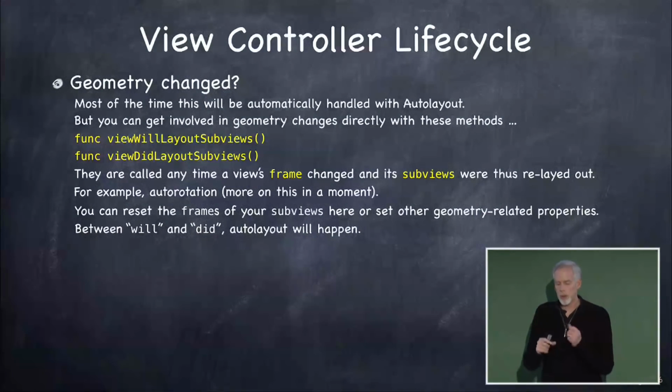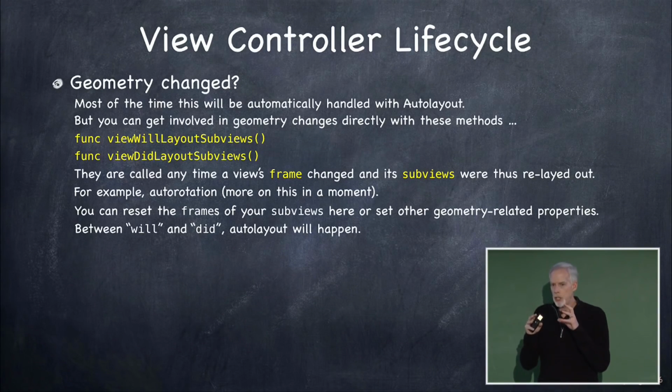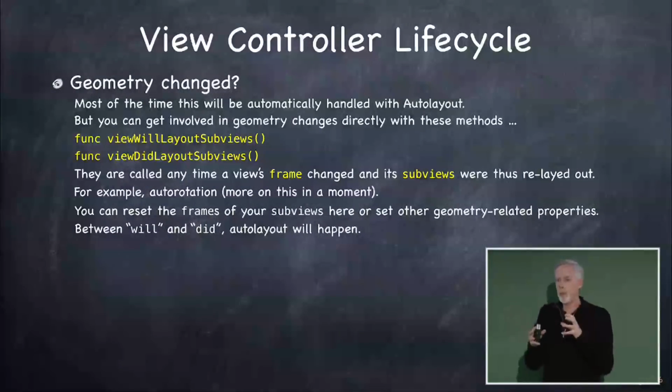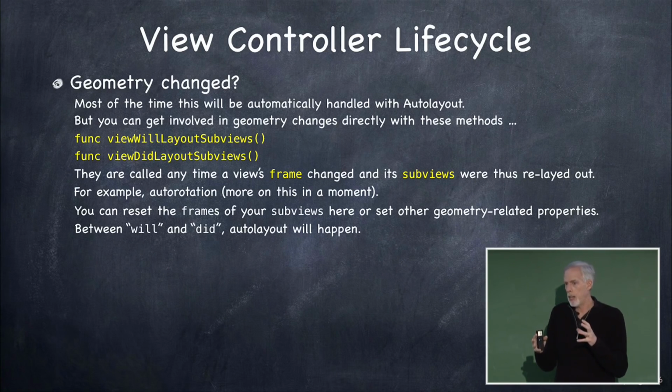Great question. The question is, would my bounds change if, for example, I added a navigation bar at the top, or I appeared in a tab bar, or I'm in the split view and now I appeared on the side? In other words, can it change due to the environment I'm in? The answer is it can. It doesn't usually change with the navigation case because that navigation bar is layered on top of your view.